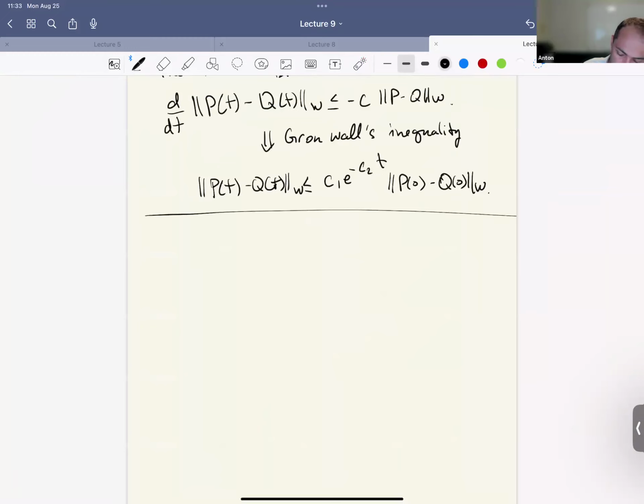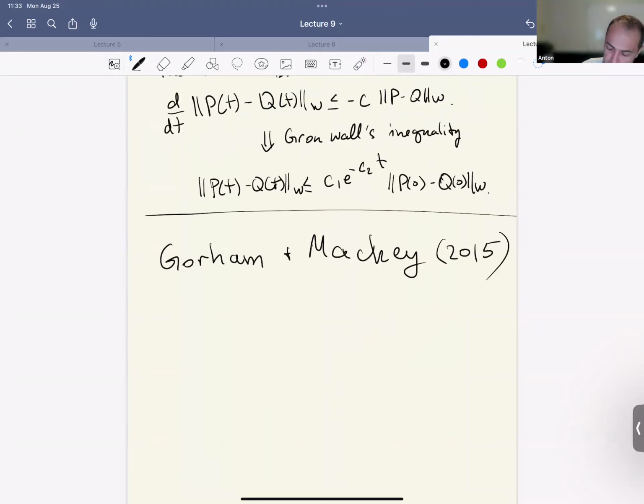And these guys do it a completely different way. Gorham and Mackey. And I will come back to this part of the notes with a precise name of the paper. Actually, let me see this.